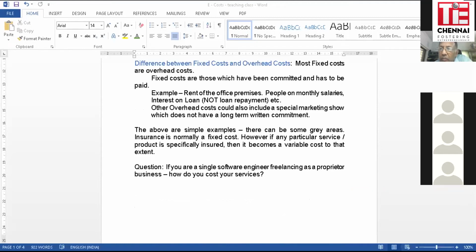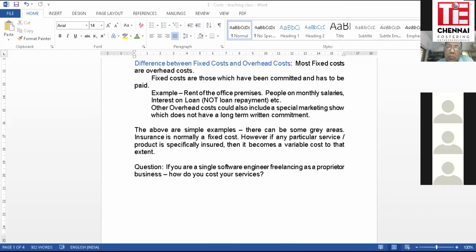Lease rentals. You've taken on your office at rent. It is fixed, you have to pay the rent. If you don't pay the rent, you're going to be thrown out. Interest costs. You have borrowed money. You've been given a pattern in which you have to pay the interest. Again, it is there, cannot be helped. Salaries.